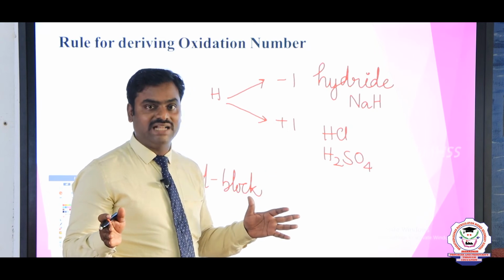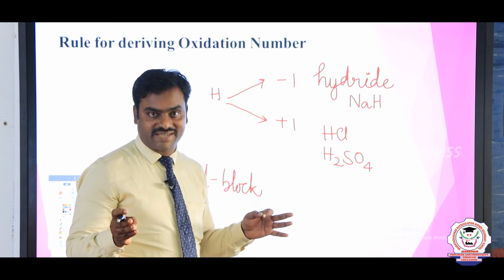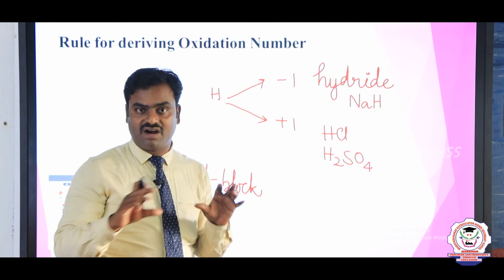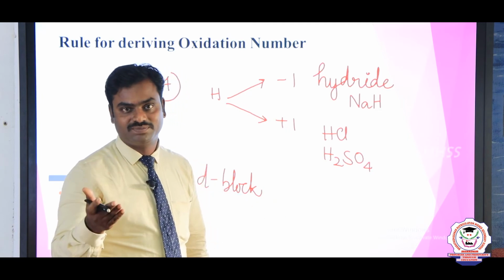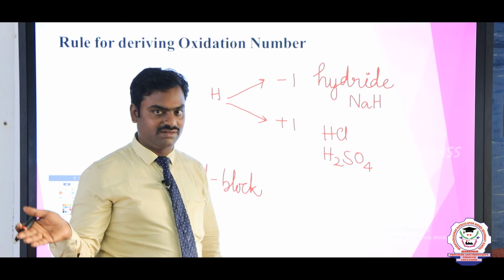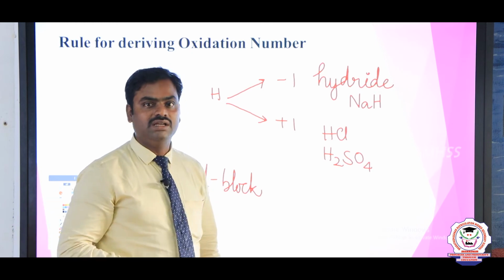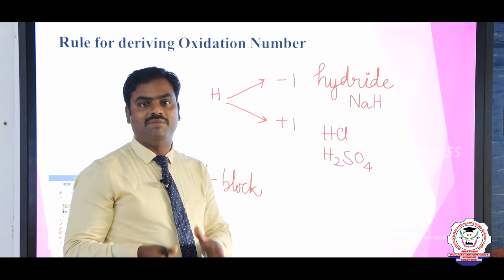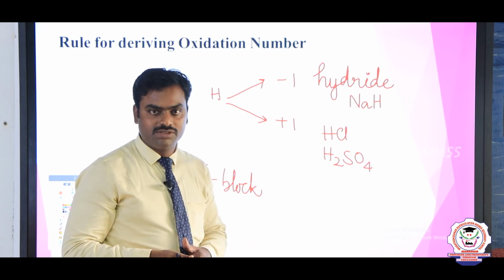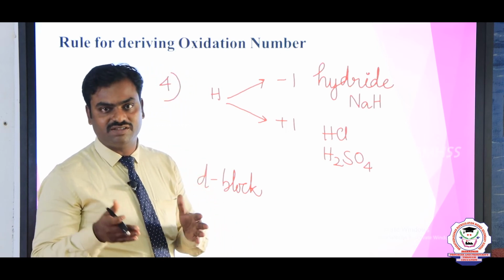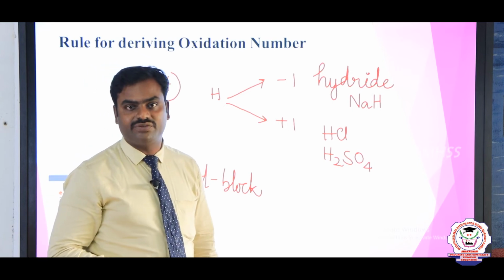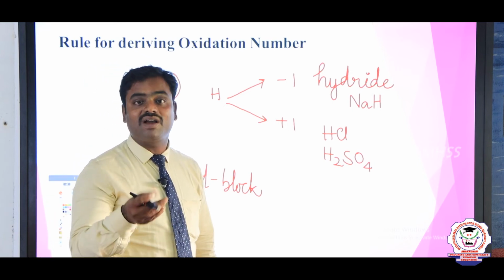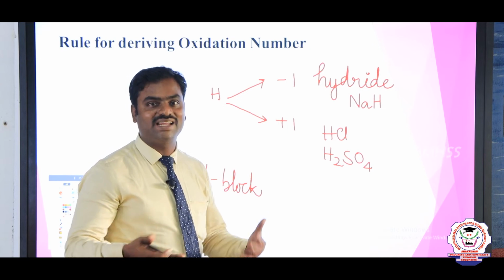If you find the algebraic sum of the oxidation states of every element present in a compound, it is always neutral, 0. If you take an ionic compound, that is different. If you take a neutral compound, the total oxidation state of each and every element present in a molecule will always be 0. Using that definition, we can identify the oxidation state of D block elements also, because they can show variable valencies.